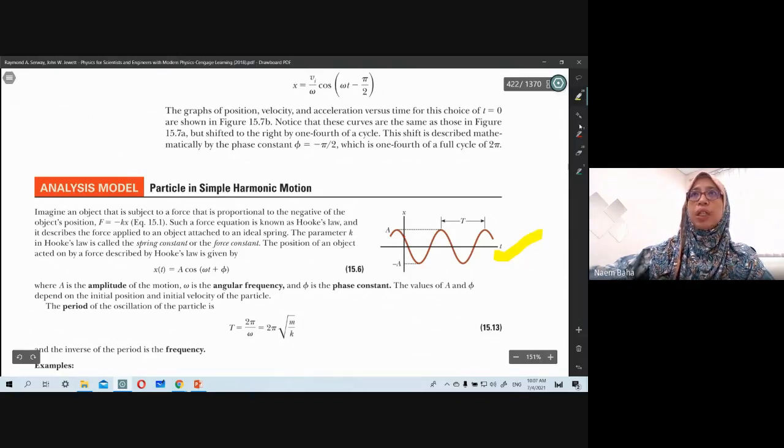motions of an object that undergoes simple harmonic motion are plotted with time. Now, as it's being plotted, you notice that it follows a sinusoidal curve.